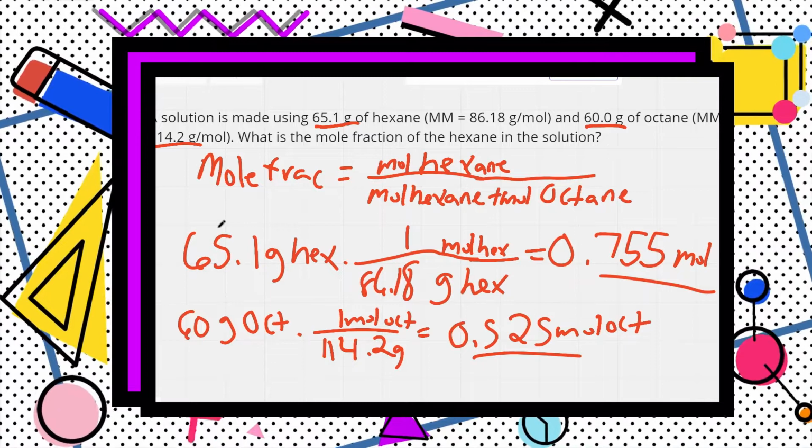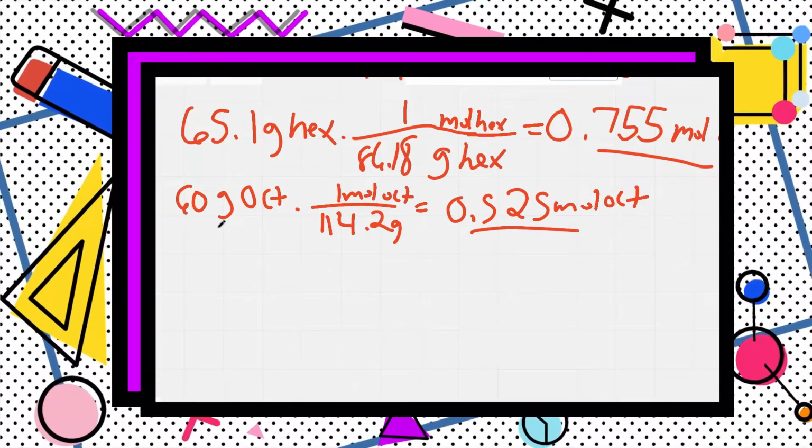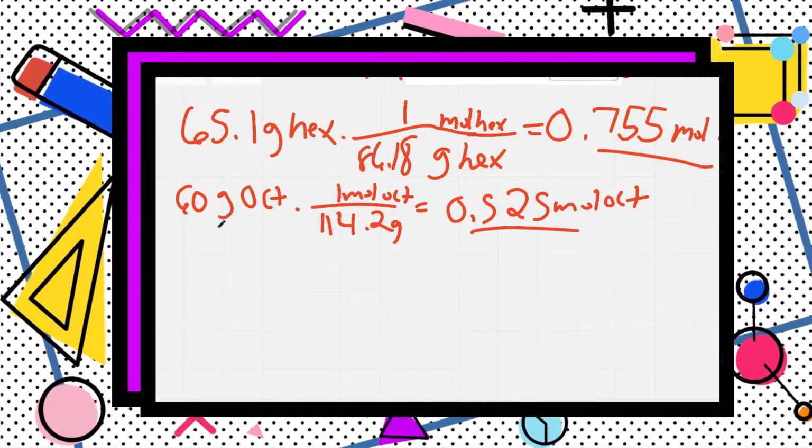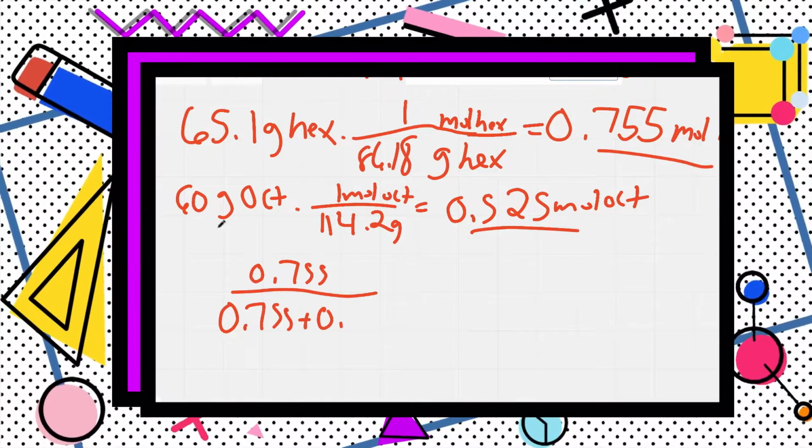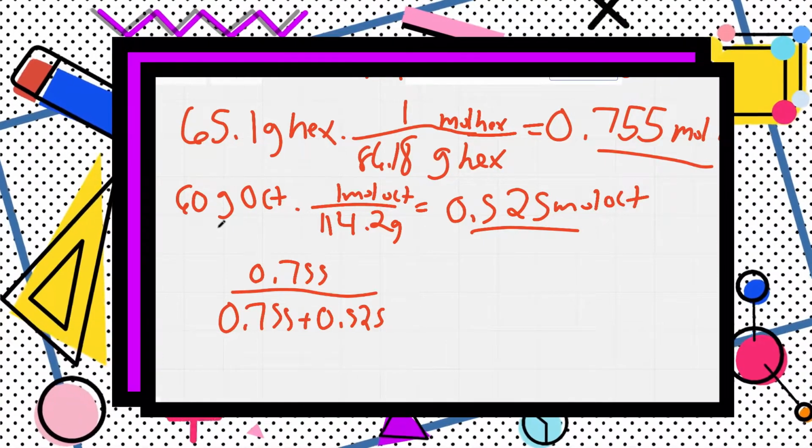What do we have to do from here? So let's now use our equation to find our mole fraction. So we know with the mole fraction, we got the top portion, which is going to be my hexane, 0.755. And then on the bottom, it's going to be 0.755 because that's my hexane plus my 0.525, in this case octane.